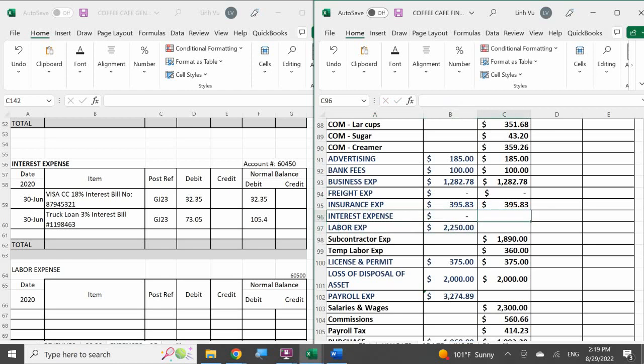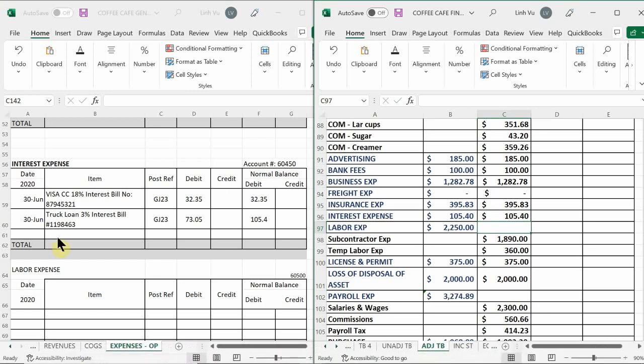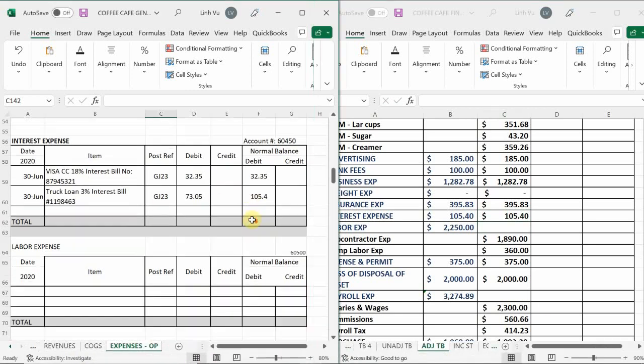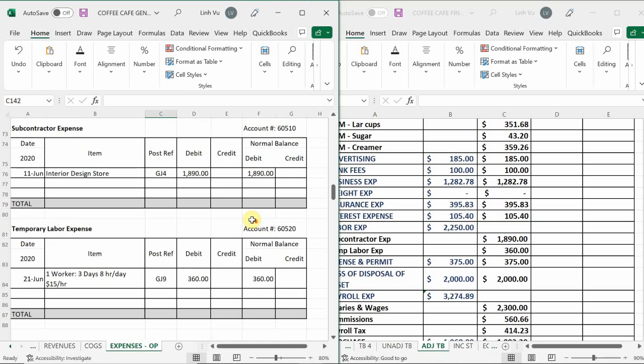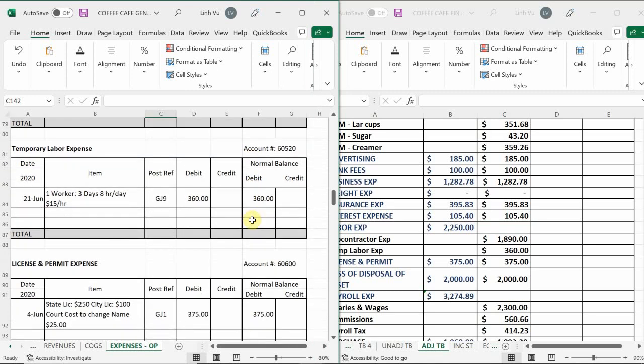Right? Which is right now currently at $105.40. Okay. Labor expense is still that $18.90 plus my $360. Okay, so still at that $2,250.